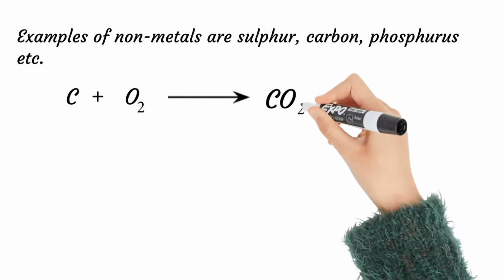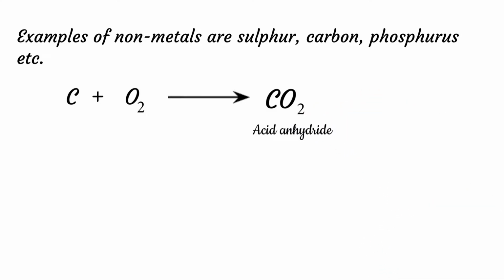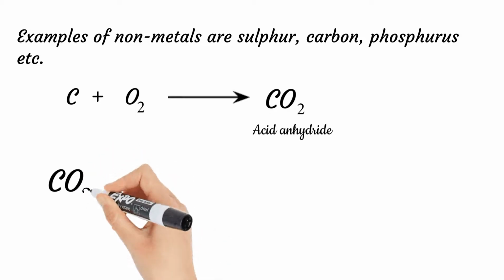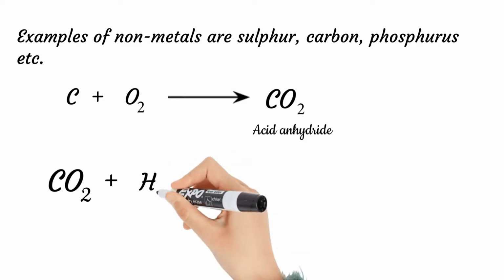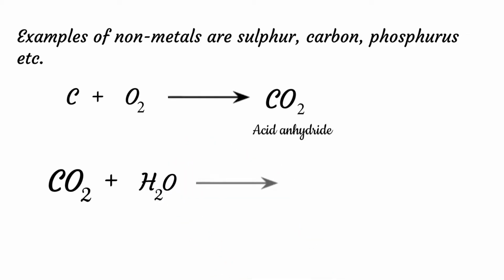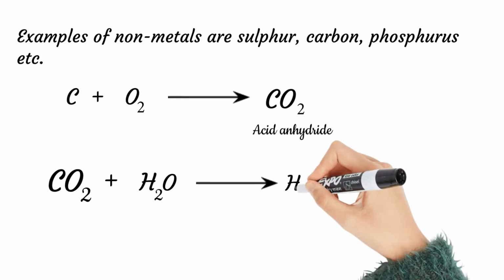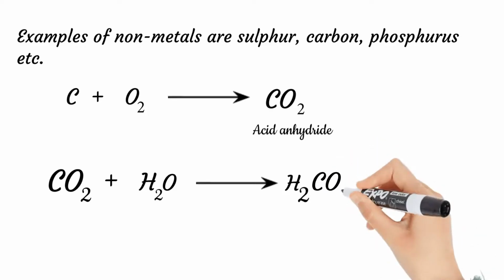And CO2 is an acid anhydride or acid oxide. Okay? When this acid oxide reacts with water, which is H2O, what we have is an acid. In this case, H2CO3, a weak acid. So all acids contain oxygen.